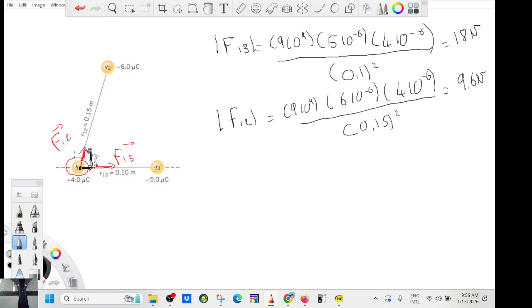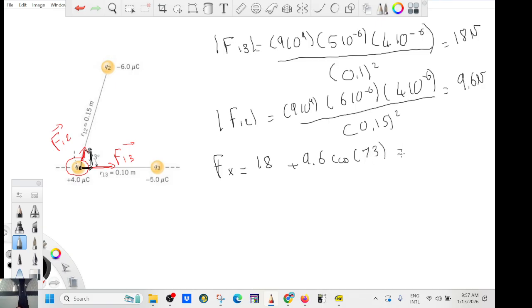X component is positive, Y component is positive. Okay, and we have to be careful with the cosine. In that case, it will be cosine. So the X component of the net force will be the X component here, which is just 18. That X component here is positive, so it's going to be 9.6 cosine 73.